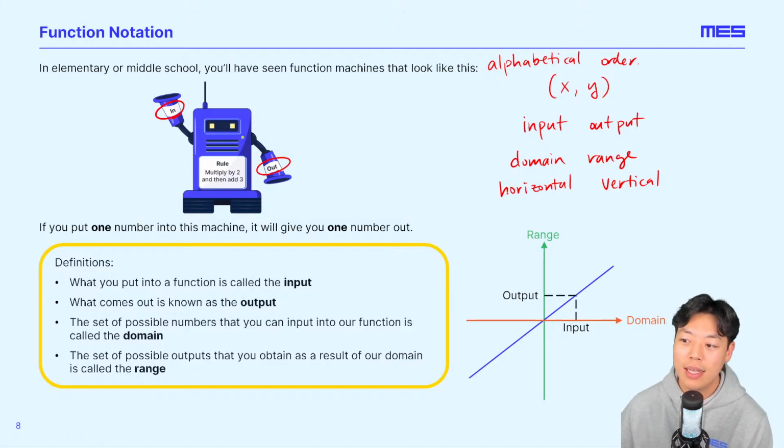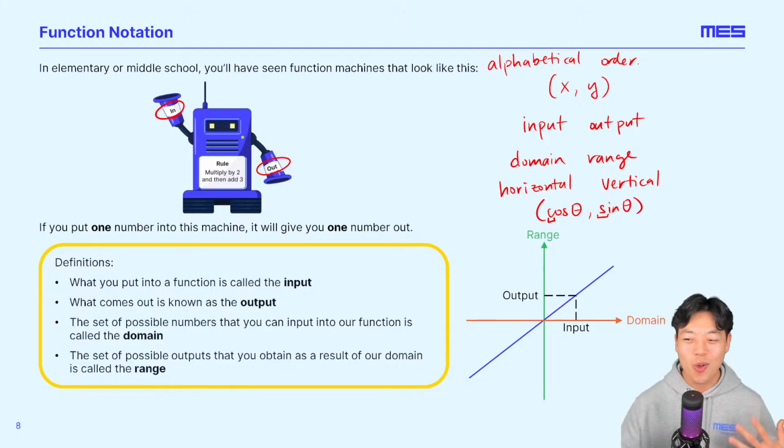X comma y, H comma V in alphabetical order once again. And later on in trigonometry, you'll also see cosine of theta times sine of theta. If you just look at the beginning letters, C comes before S. So there are so many things in alphabetical order in mathematics, and that's the beauty of it.